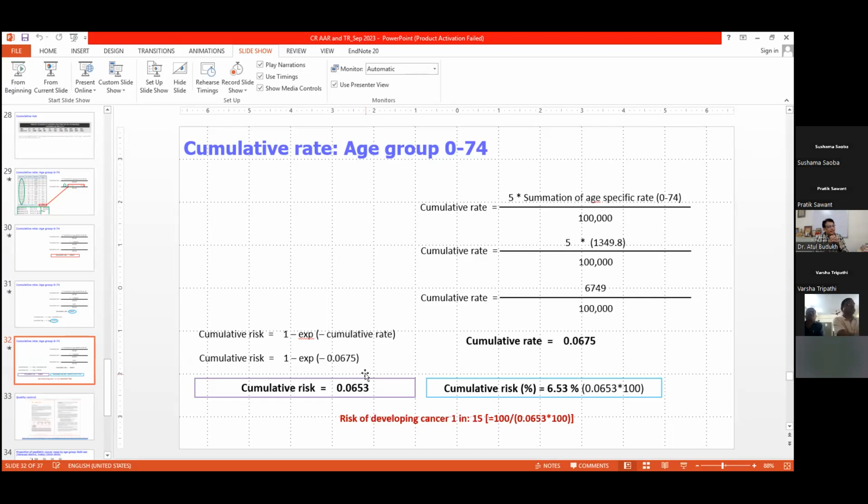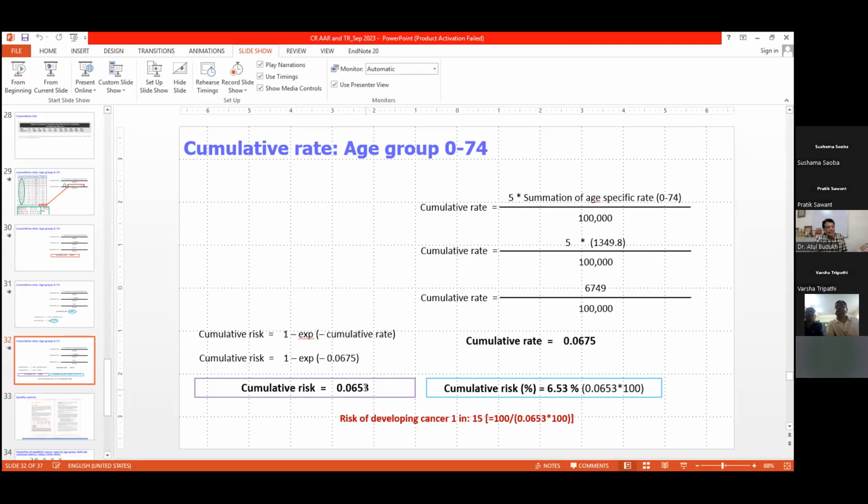Which one? In risk of developing cancer, it is 1 in 15. Yes, 1 in 15, how to get the number one? So what is the risk you got here? You tell me, 0.0653. Okay. Sir, you read this number, the cumulative risk. What is this number? 0.0653.